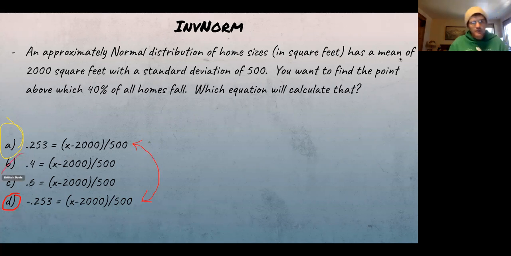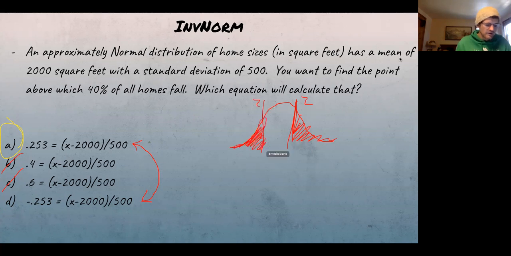So we're going to have to convert to a z-score, and you guys all did that. The question is, are we looking for this z-score right here, or this z-score right here? So z-score 1 or 2? Which one is appropriate for this problem?